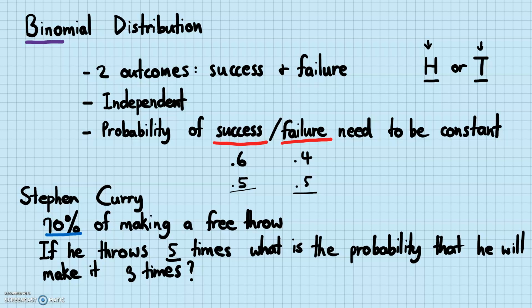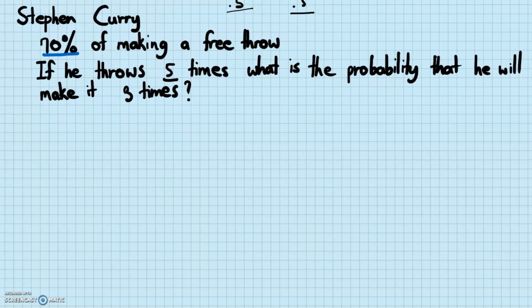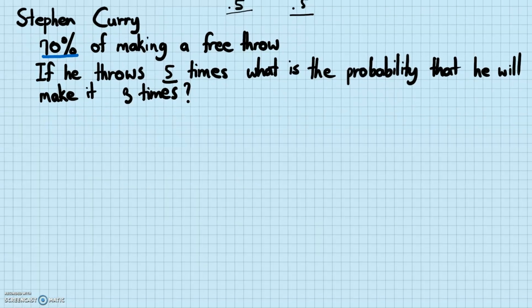Let's see if we can actually solve this problem. Let's think of the different cases of how Stephen Curry will make the basket 3 times. I'm just going to use S and F for success and failure. He can succeed the first time, second time, third time, and then miss the last 2 times.